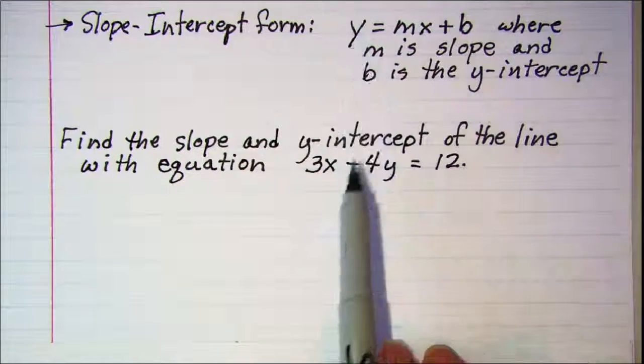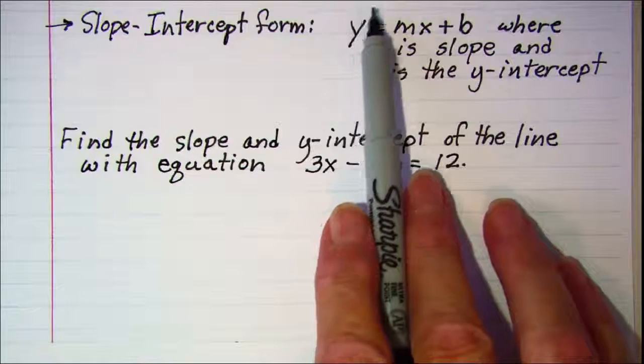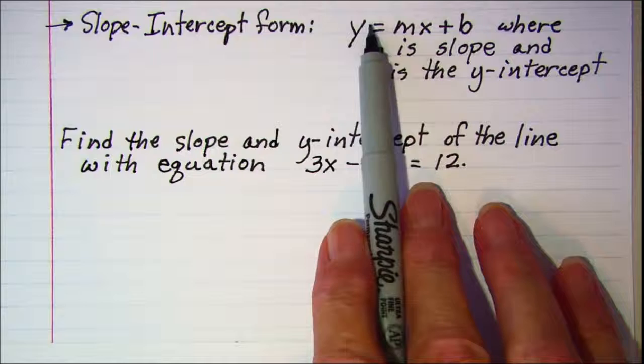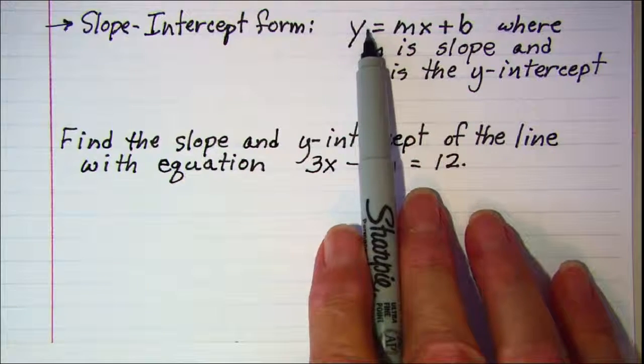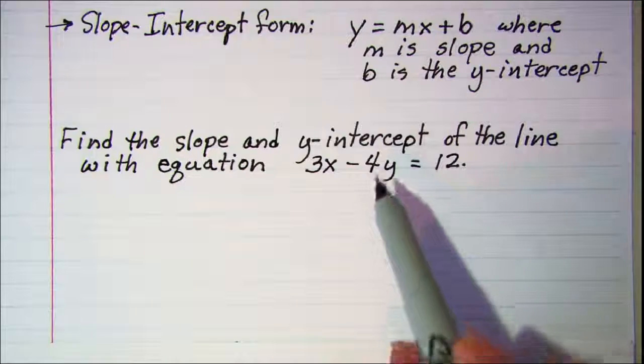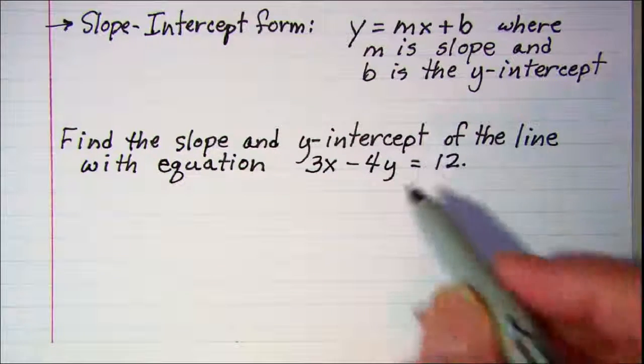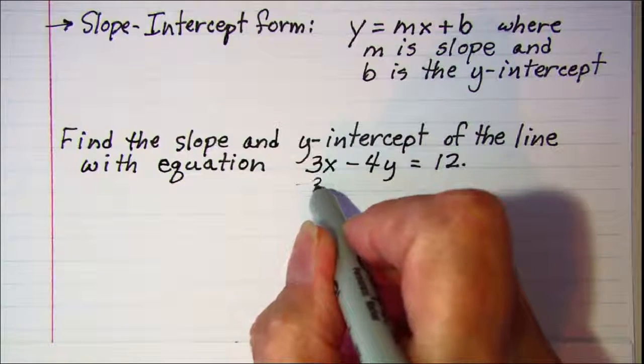We need to put our equation into slope-intercept form, which means we need to have y by itself on one side of the equation and the rest of the information on the other side. So I'd like to isolate this negative 4y, so we'll subtract 3x from both sides.